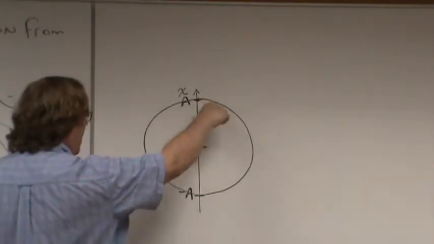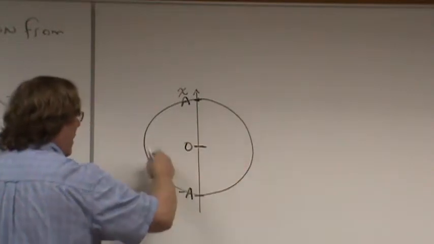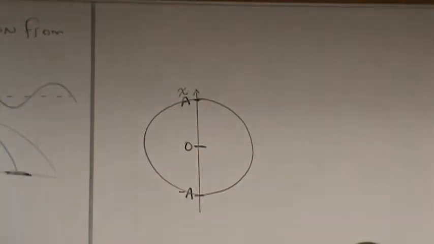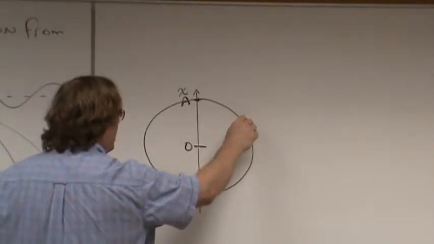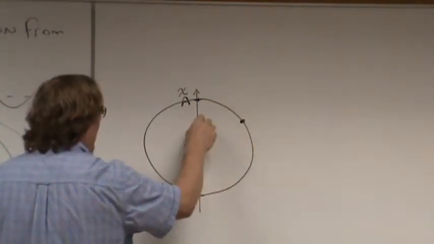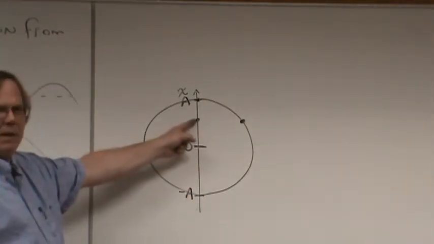You can think of my mass traveling around in a circle, so that when it's right there, that would be equivalent to the mass of my spring mass system being there.